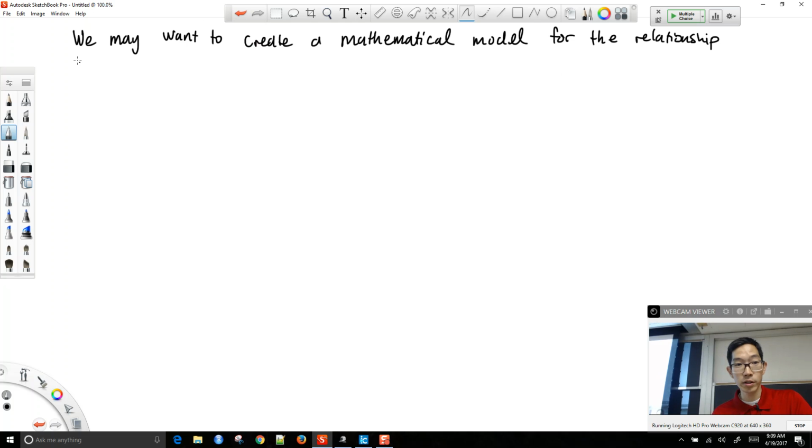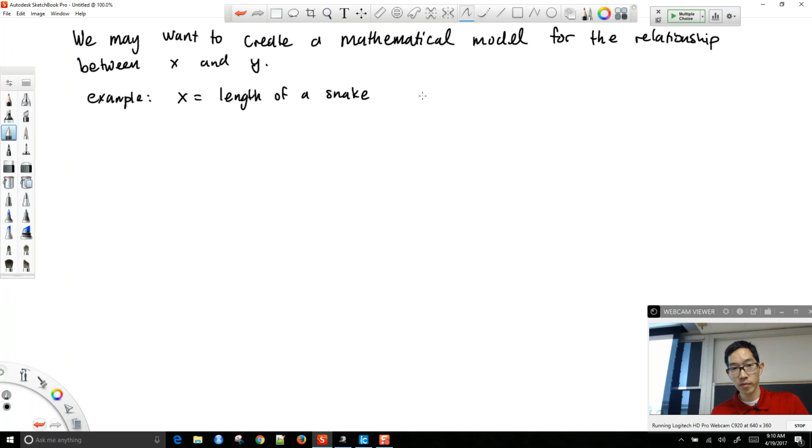I think my first example was the length of snakes and the weight of snakes, right? So let's go back to this example where X will be the length of a snake and Y will be the weight of a snake.